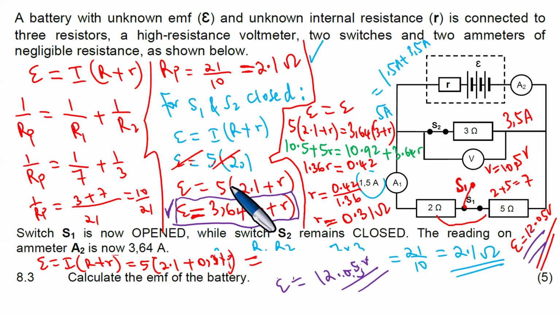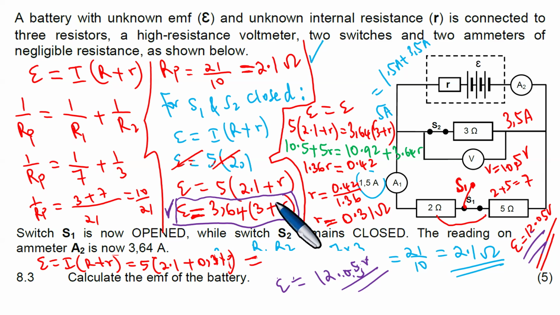The current before was 5 amperes, and the external resistance was 2.1 ohms.